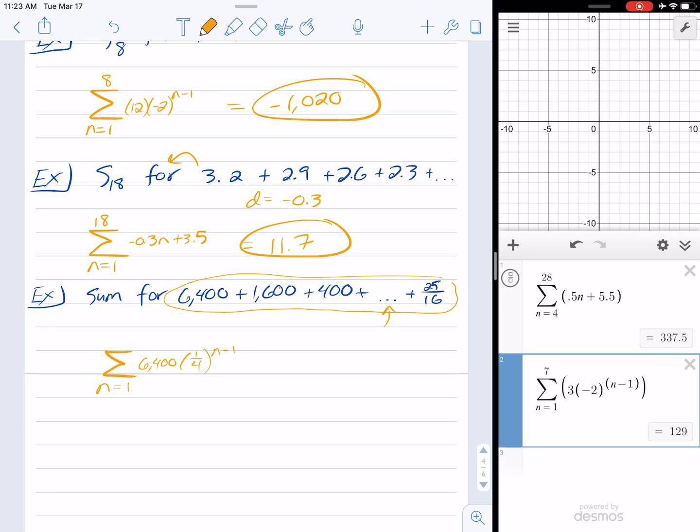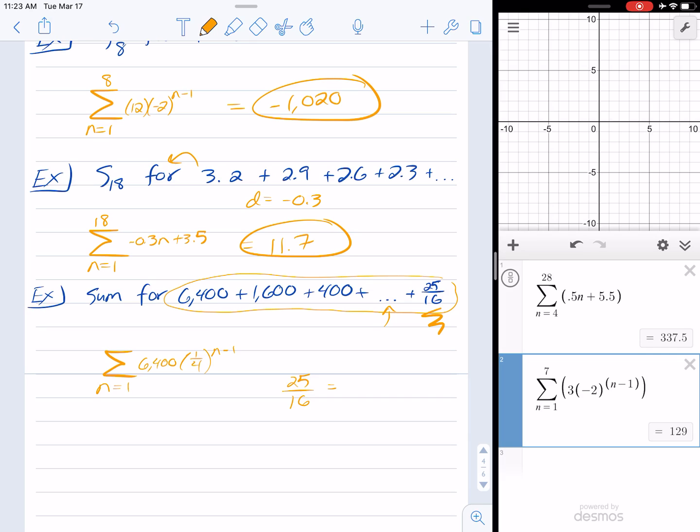But you could have also found the number of terms by writing just a geometric sequence rule. So a sub n equals, and we actually want to plug in the last term because we want to know how many terms, what term number is that in this series. So we want to plug in our 25 over 16.